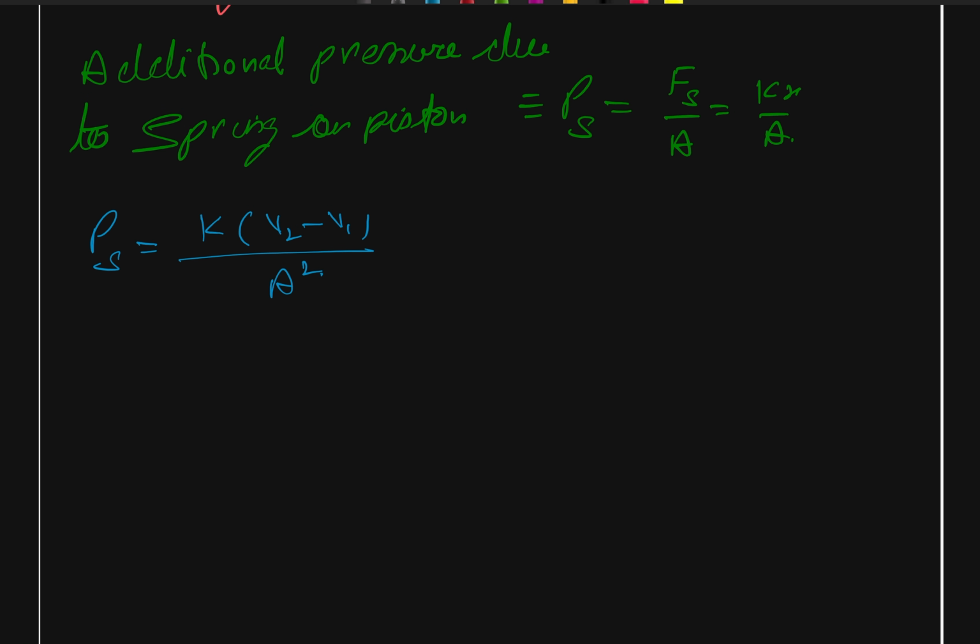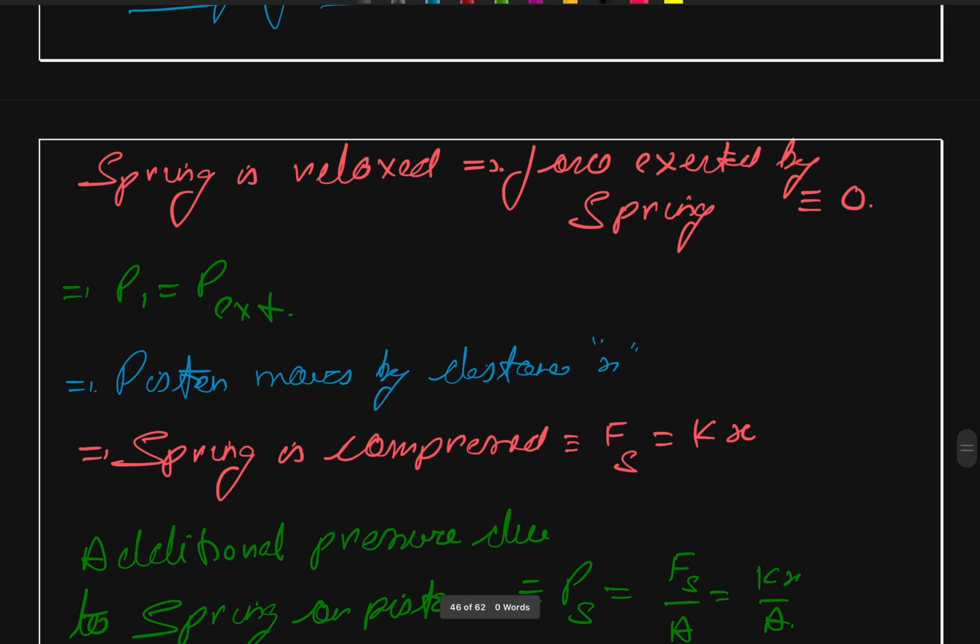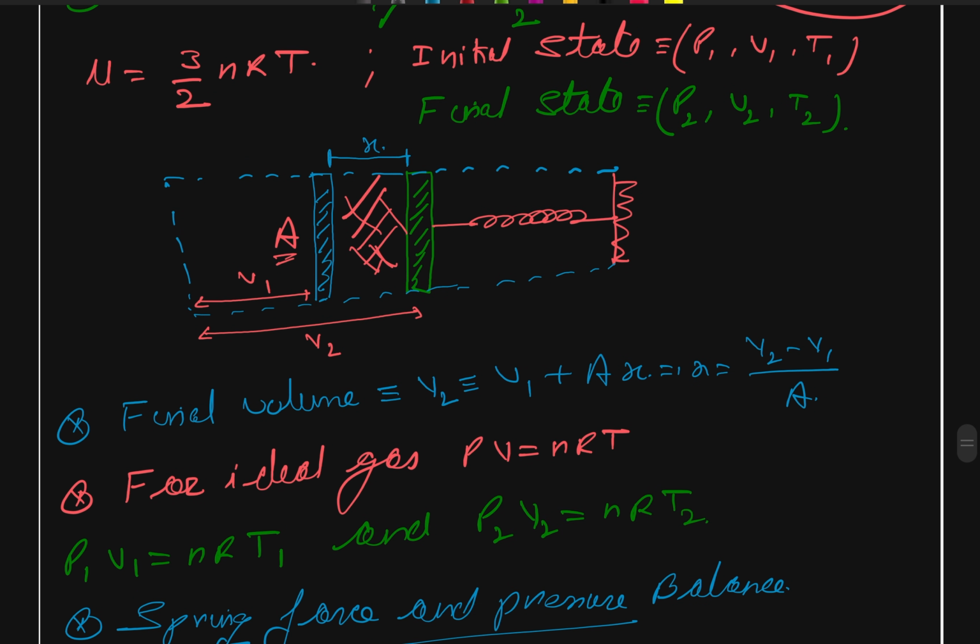And in the final state also this entire system is in balance. So the external pressure and the spring pressure are going to balance the pressure of the entire system, which is now P2.